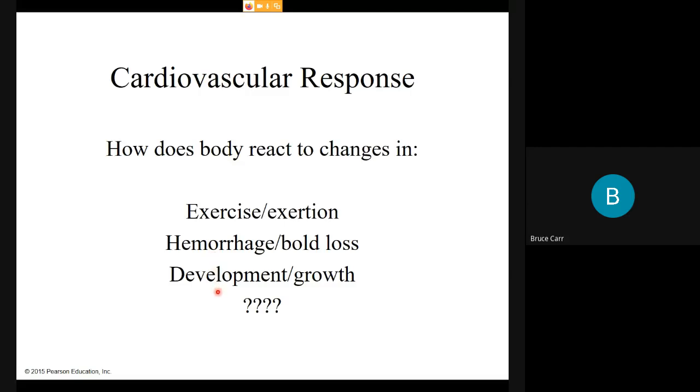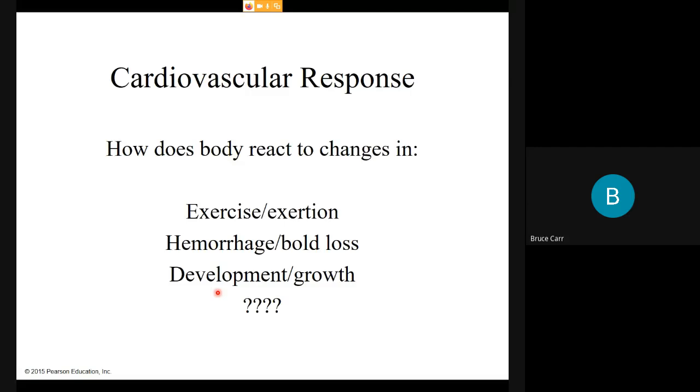And finally, the topic of development and growth. Since we all start out as a result of fertilization, conception produces one squishy cell. There clearly is no cardiovascular system. So how does it develop and grow?